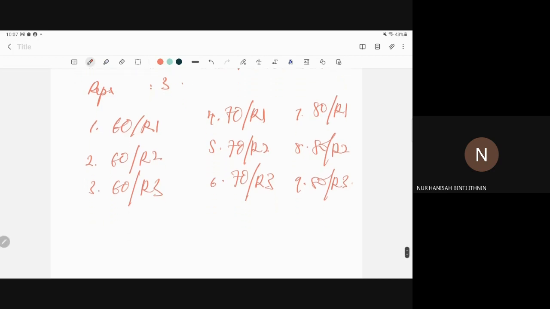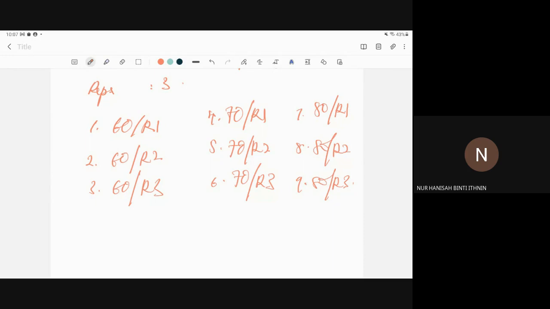So 60 rep 1 we will blanch in 60 degrees C, 70 rep 1 we will blanch in 70 degrees C, 80 rep 1 we will blanch in 80 degrees C. These are the samples that we are going to prepare, and then we will apply the treatment.